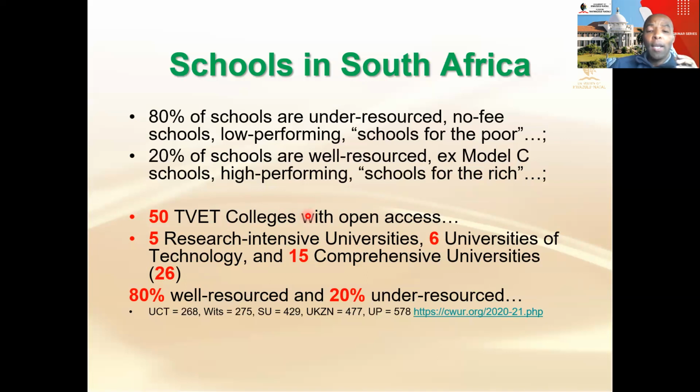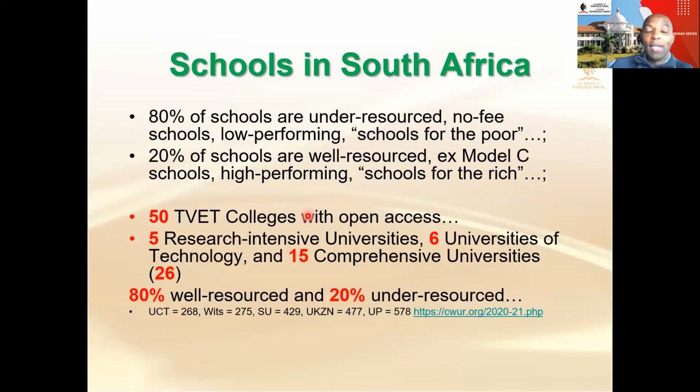So what is the difference between a research-intensive university and a comprehensive university? A research-intensive university starts with a degree. In other words, when you come with your matric, the first qualification you will acquire is a degree.